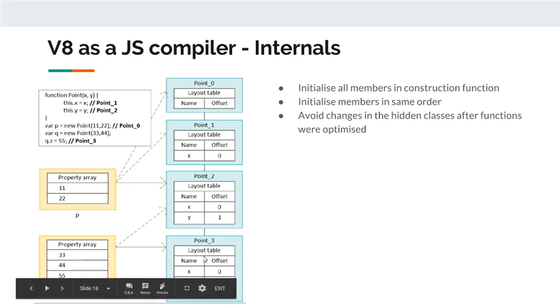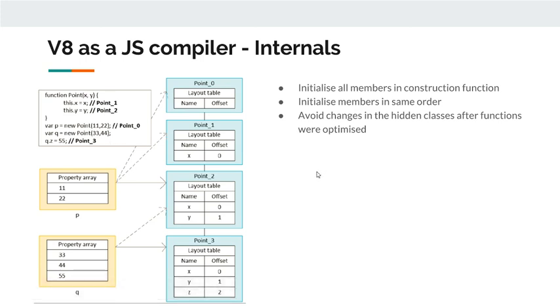So you have one single optimized code that will be able to run your program, which will make it run faster. I know that it's not always easy to take care of all of this inside JavaScript, but basically if you want to gain some performance, this is what you need to do. And also, initialize members in the same order.